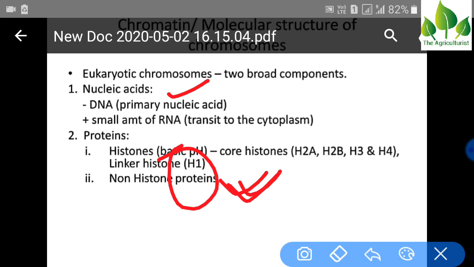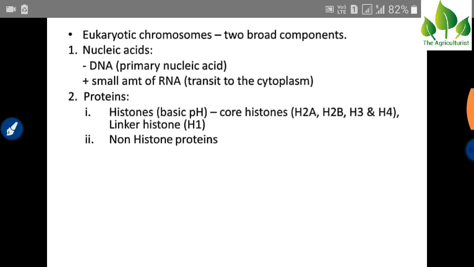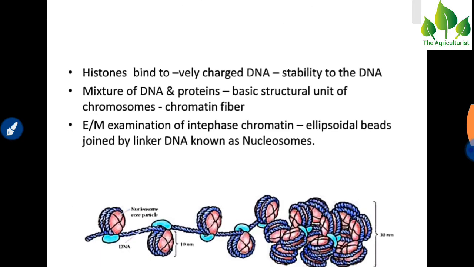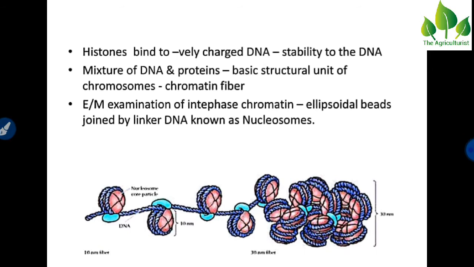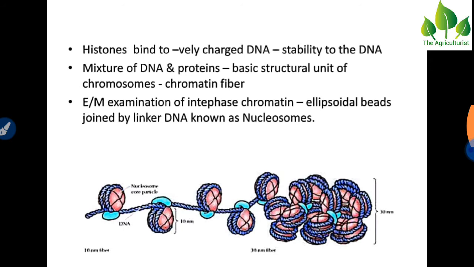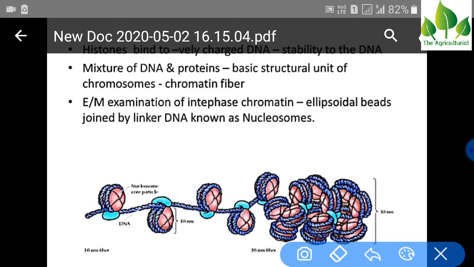Okay. Next thing, histone binds negatively charged DNA. A mixture of DNA and protein is the basic structure of chromosome and chromatin fiber. If we examine chromatin, ellipsoidal beads joined by linker DNA is known as nucleosome.